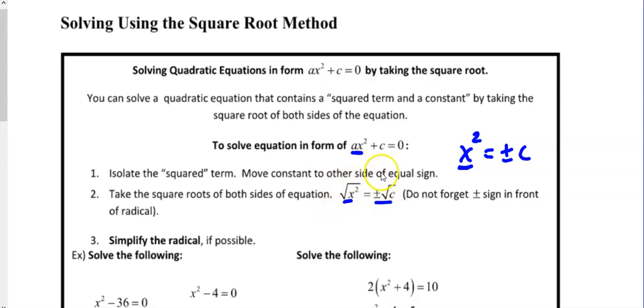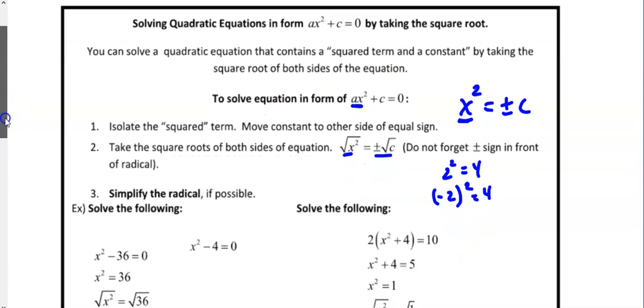And when you take the square root of both sides, you must have the plus or minus in front. Because, for example, 2 squared is equal to 4, but also negative 2 squared is equal to 4. That's why you have to have plus or minus, because it can be either value that squares to get that positive 4.